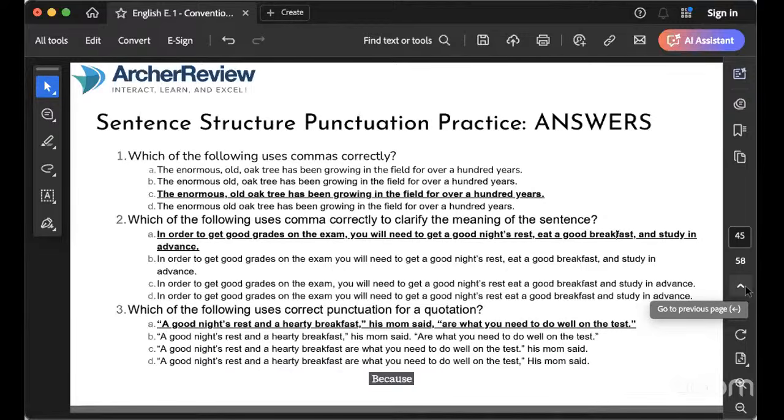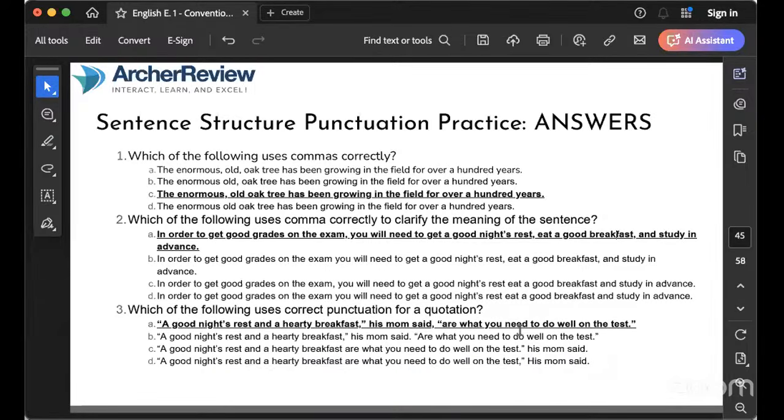Because you got to show that the tag's connected to the quotation. So just because the quotation's a complete sentence, you still can't put the period at the end.